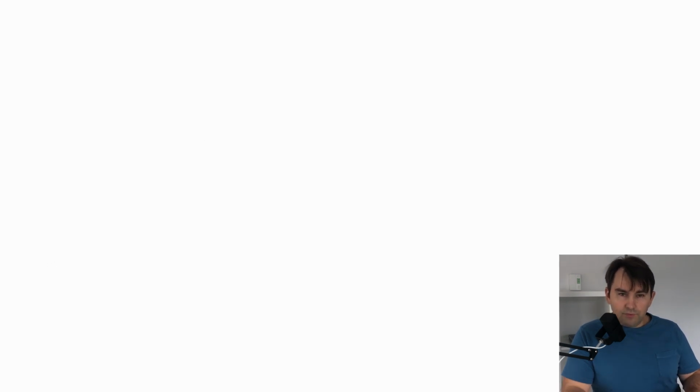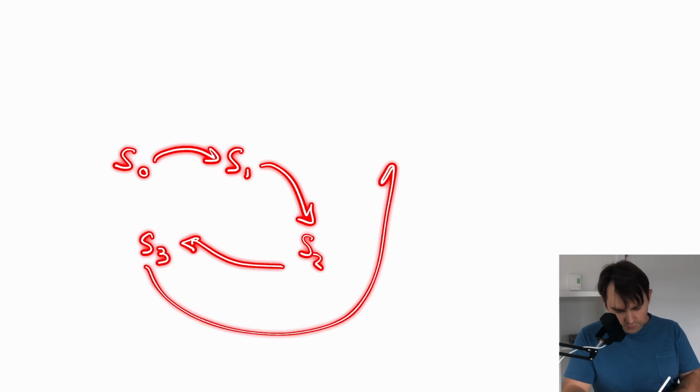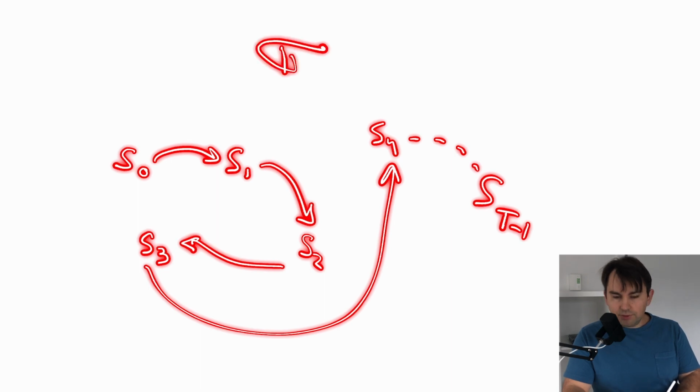So notice that so far we haven't done any learning. We just used our policy to generate a trajectory starting at some state S0, going to some state S1, S2, S3, perhaps over here to S4, etc., until we arrive at some terminal state. And all of this is done using our policy pi.